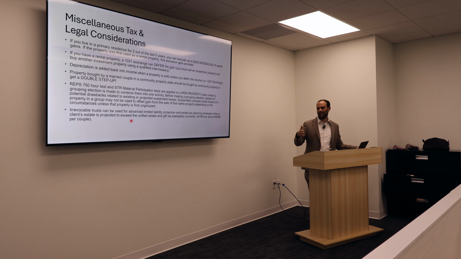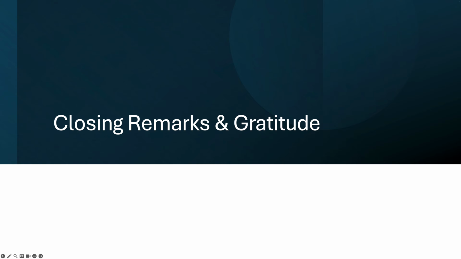Otherwise, if your estate is going to be less than this, which estate is a fancy word for just all the assets that you own under your personal name or under a disregarded entity, as long as it's below these thresholds, you can usually use an LLC or an S corporation or a C corporation or some other pass-through entity to get the same limited liability protection. It's not going to make sense to incur the additional costs of making these fancy irrevocable trusts, and they do have drawbacks that come along with them.